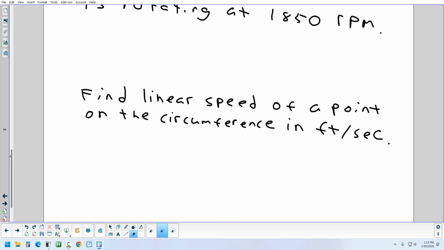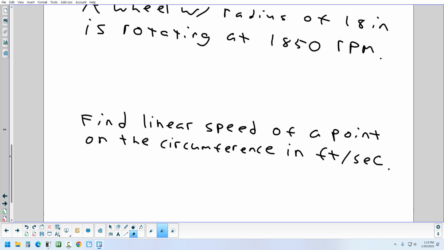All right, so what's the speed that they are giving me to start the problem off? 1,850 RPM. And how would you write that as a fraction? RPM for 1. Put it over what? 18 inches. How are we going to write that as a fraction? Yep.